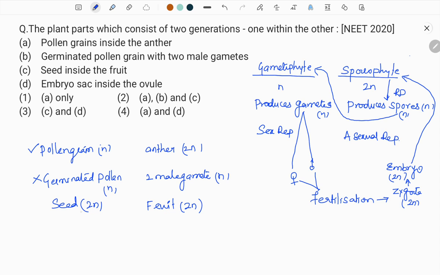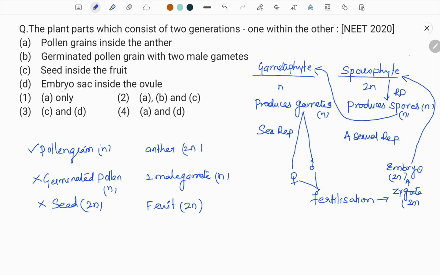Seed is also diploid because seed is modified ovule. After fertilization, ovule transforms into seed. So ovule is diploid. We know funicle, chalaza, micropyle, outer integument, inner integument, nucellus. Except the embryo sac inside the ovule, everything is diploid. So seed is diploid, fruit is diploid. So this is also wrong because it is diploid within diploid.